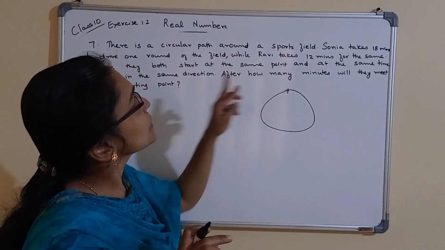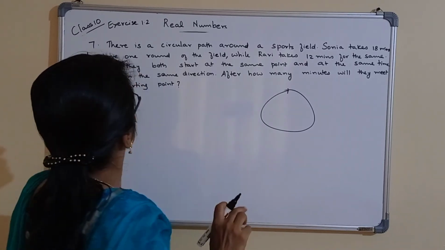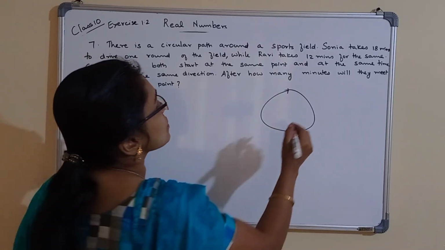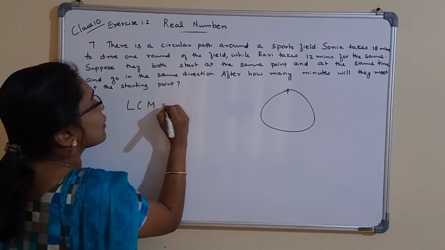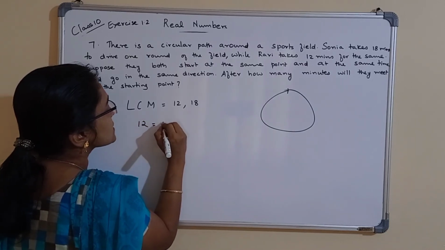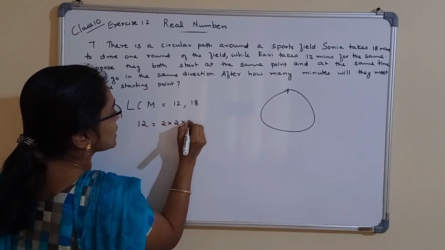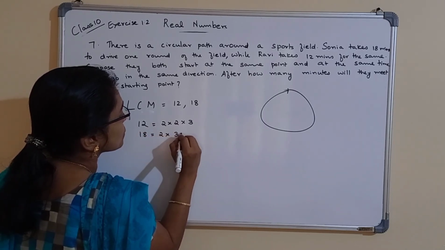So the question is, after how many minutes will they meet at this starting point? So we have to find the LCM, right? So LCM of 12 and 18. 12 can be written as 2 into 2 into 3 and 18 can be written as 2 into 3 into 3.